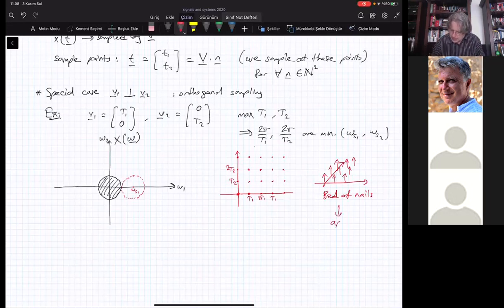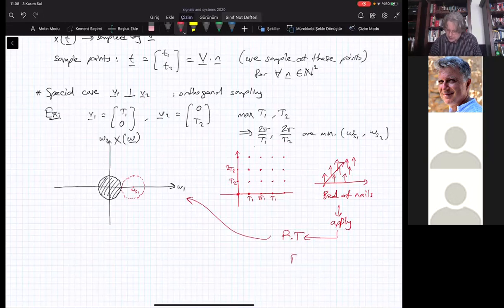So I apply it, and then I take the Fourier transform, and I get this picture. Okay, that's what it really corresponds to. And since I'm multiplying with the bed of nails in the time domain, I have to be convolving this disk shape of the Fourier transform with the Fourier transform of the bed of nails.